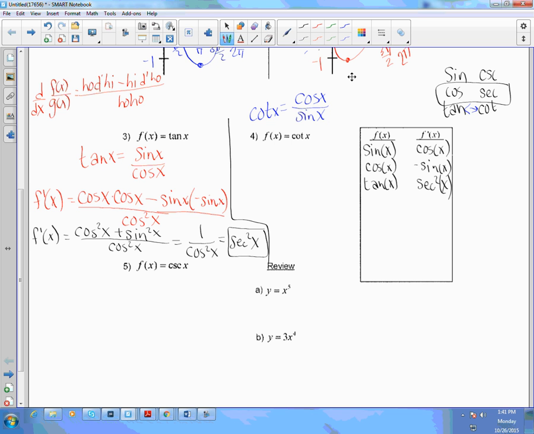So we do the same thing: low d high minus high d low over low low. So f prime of x. Emma, can you get the numerator for me? Low d high minus high d low. The derivative of cosine is negative sine of x.